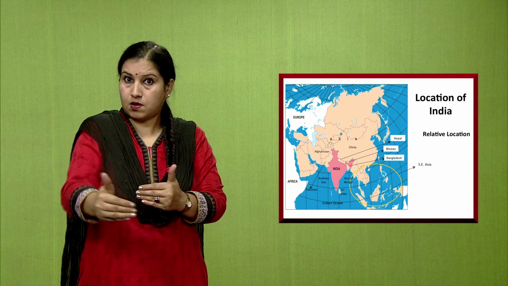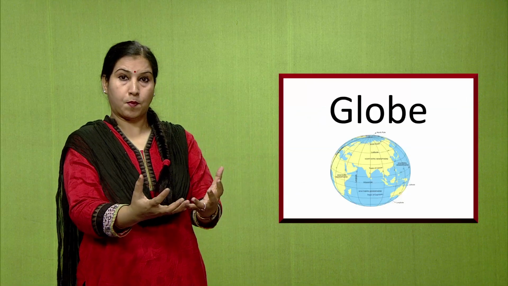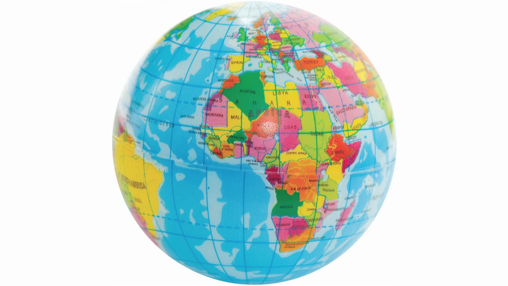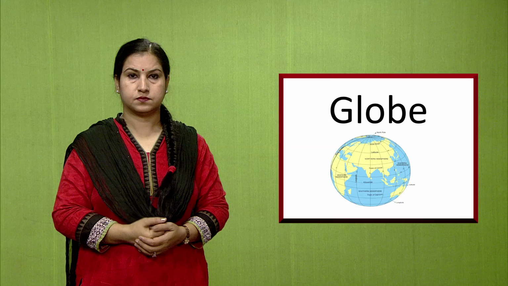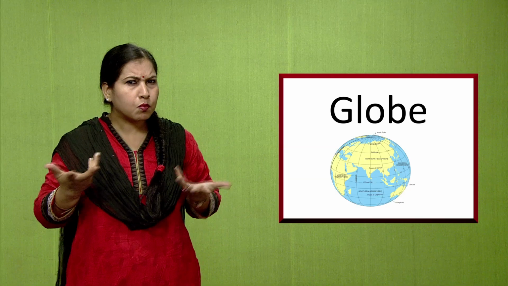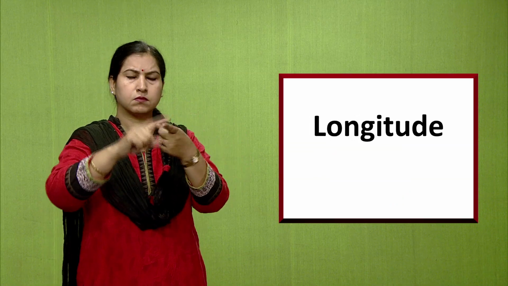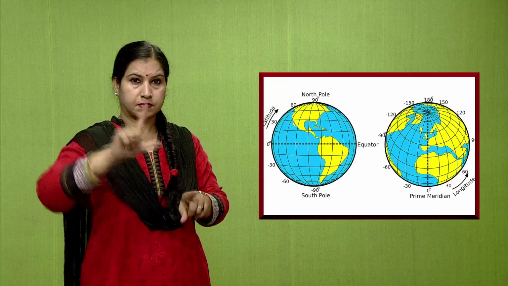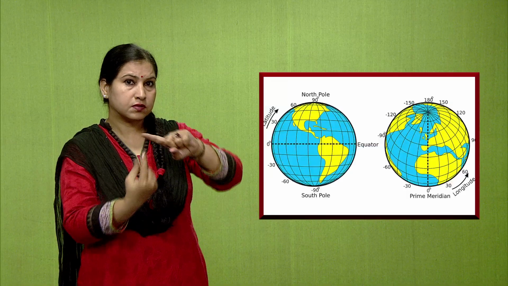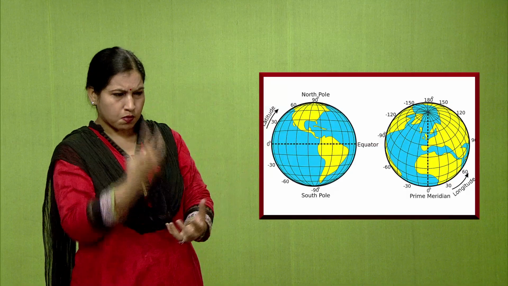Now let us see a globe. You must be thinking, what are latitude and longitude? Or in other words, what are these long lines and straight lines?